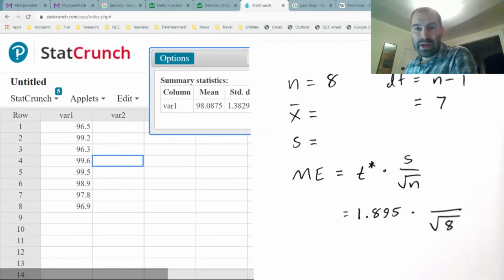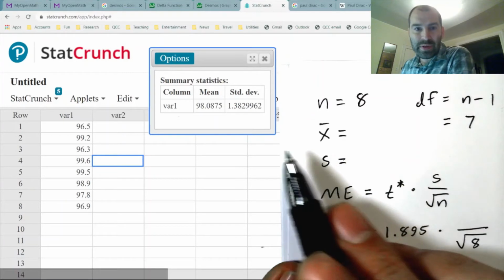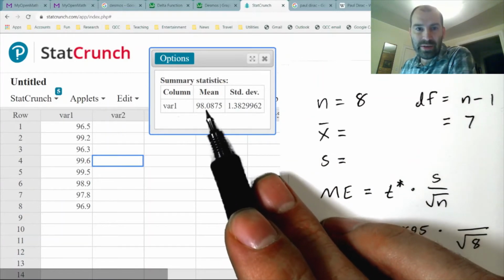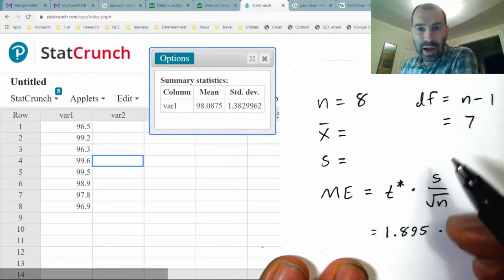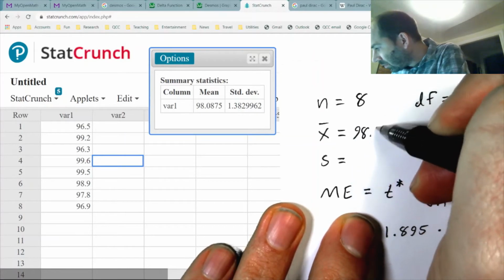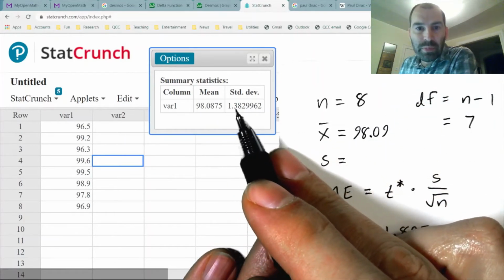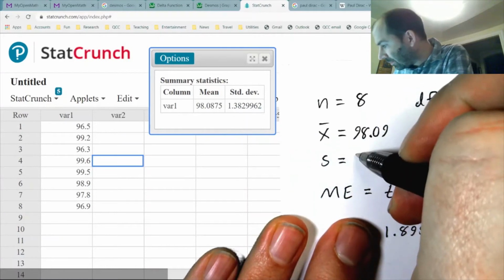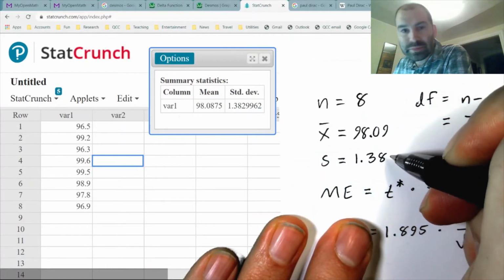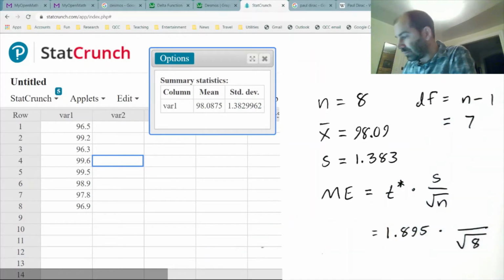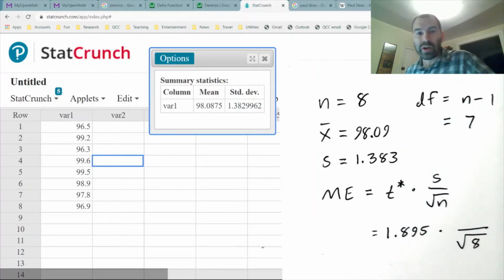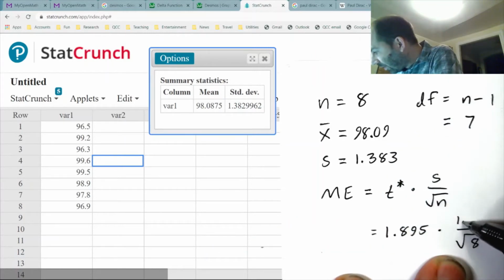So it's telling me that the mean is 98.09, about, and the standard deviation is 1.383. Well, look, the standard deviation is what I needed right here.